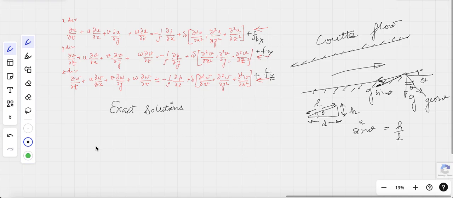In the x direction, the body force would be g sin theta, right? Which can be written as g into h divided by L, right?